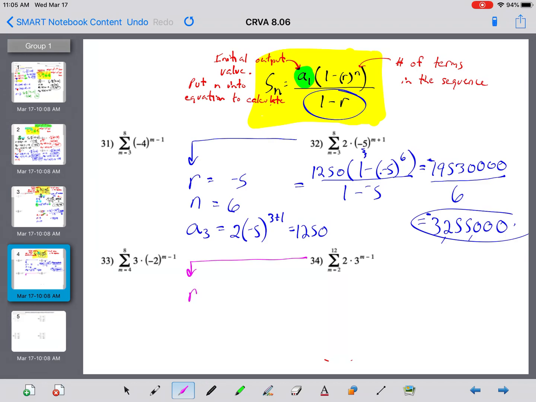Number 34. Rate, number of terms, first output in the series, which is going to be when m equals 2. So the rate is 3. Number of terms, 11. 12 minus 2 is 10, plus 1 is 11.